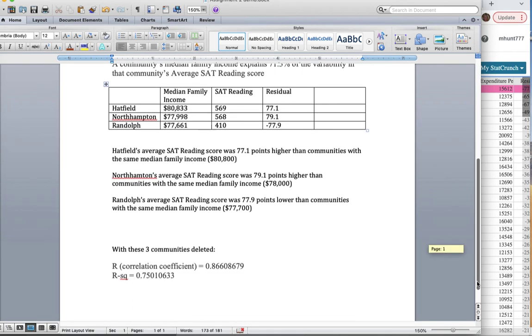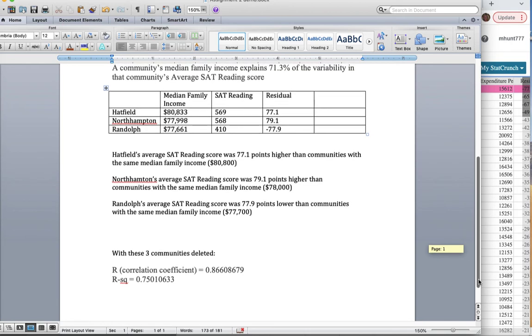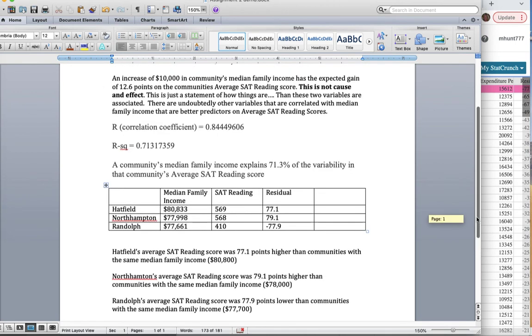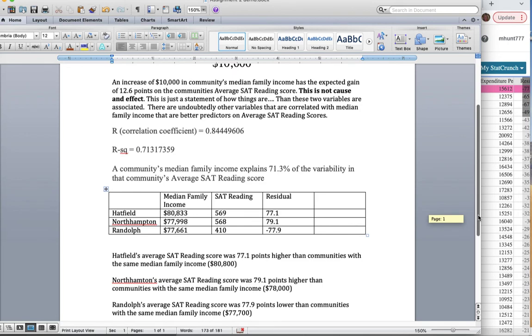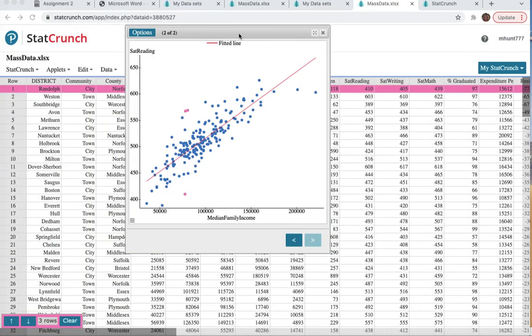Then what I did is I went along and I deleted these three communities to see what would happen to the correlation coefficient. The correlation coefficient was 0.84. Let's see what happens when I delete those communities. So I'm going to minimize this, and I'm going to X out of this.